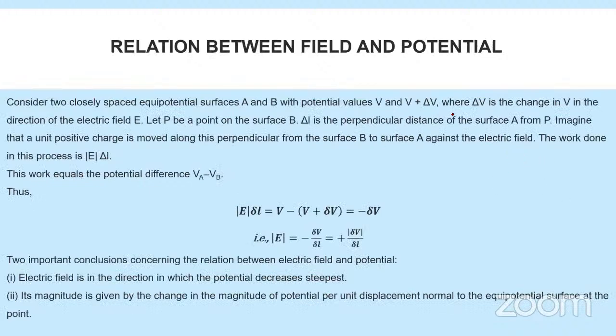So now we saw that the electric field is normal to the equipotential surface. So there should be a relation between the electric field and the potential when we are considering a system of charges.